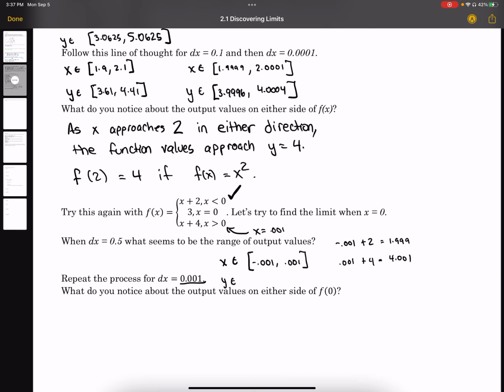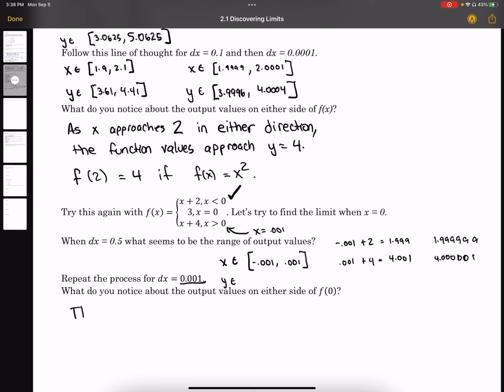So now imagine we got even closer, like we added one more 0 to our decimal place. Then we would next get 1.9999, and then we get 4.0001. If we keep adding zeros, we keep adding nines, and eventually the left part of the graph is going to approach 2, and the right part of the graph is going to approach 4.